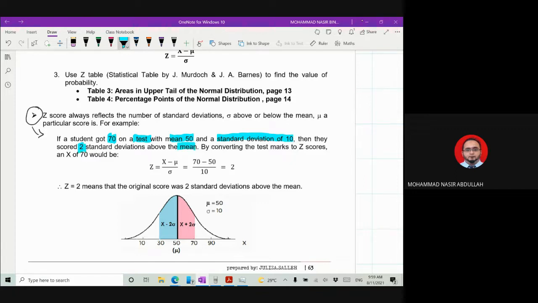By converting the score to a Z score, X of 70 will be 70 minus 50 divided by 10, which is divided by the standard deviation, and equals 2. So this is 2 standard deviations.